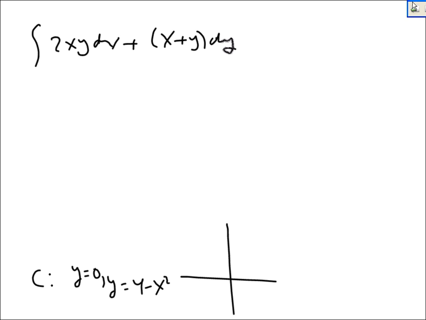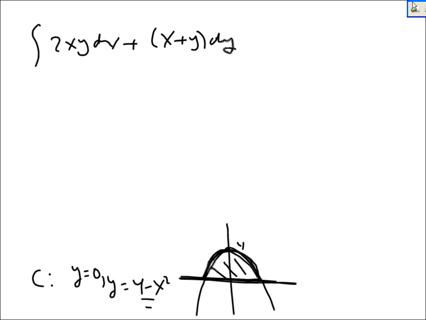Well, minus x squared is an upside down U centered at the origin, but we're adding 4. It's that. And y equals 0 is this. So the region we're talking about is this region here. This region in here.